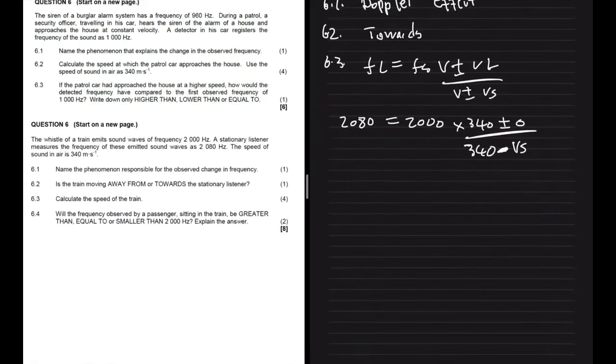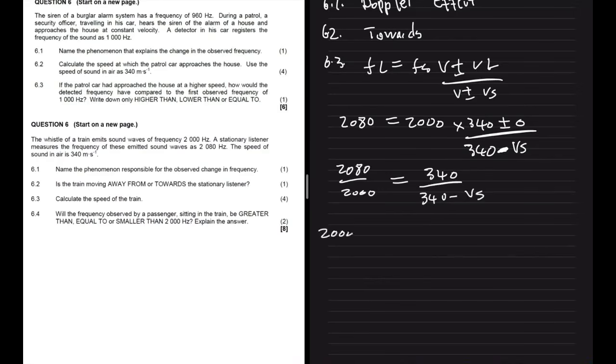So let's go ahead and do that. Divide both sides by 2000, right? So it's 2080 divided by 2000 equals 340 divided by 340 minus Vs. We're going to cross multiply.